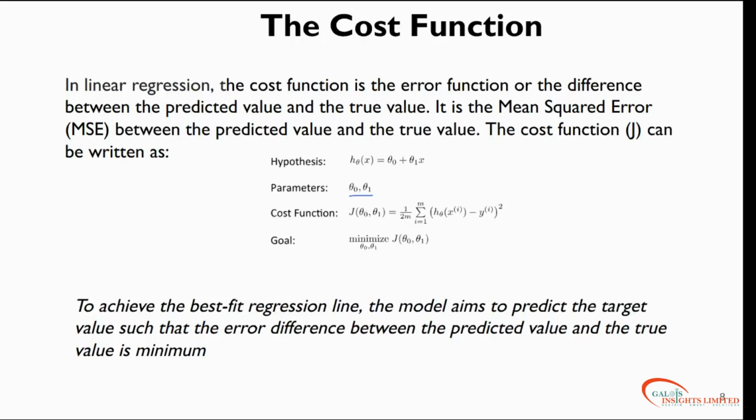The actual values can also be called the observed values. In linear regression, the cost function typically defines the average squared difference between the predicted values and the actual value of the dependent variable in the observed data.